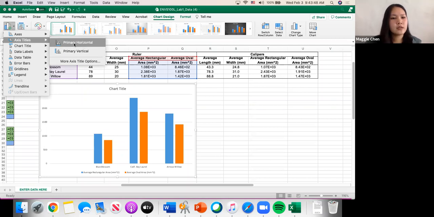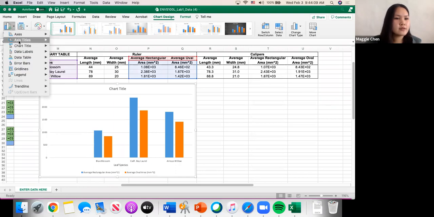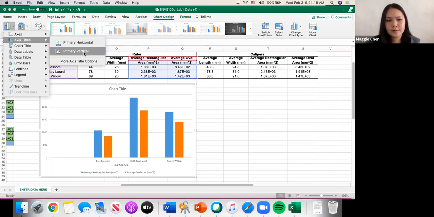So we'll just click and add our x-axis. We can adjust this and say these are leaf species. And now we can also add in our vertical title. So back under add chart element, right underneath axes titles, we already have our primary horizontal. We'll just want to add in our primary vertical, which is our y-axis title.